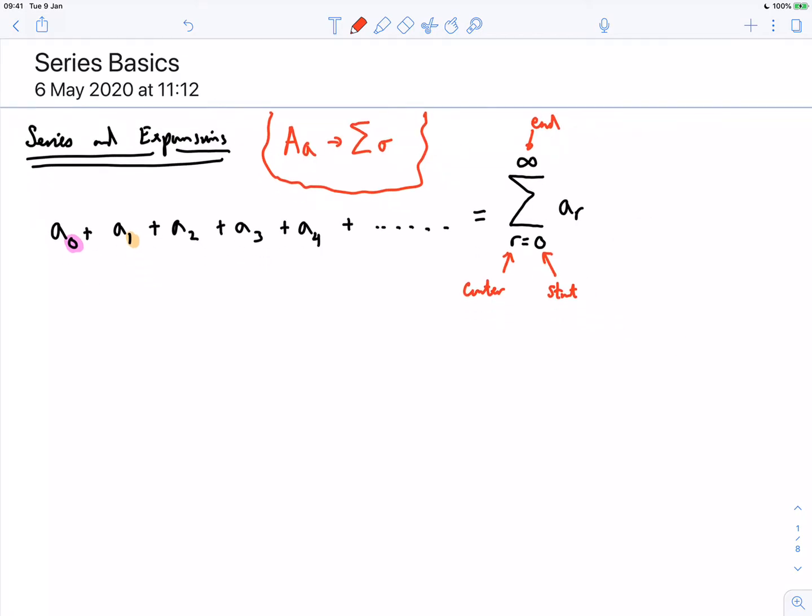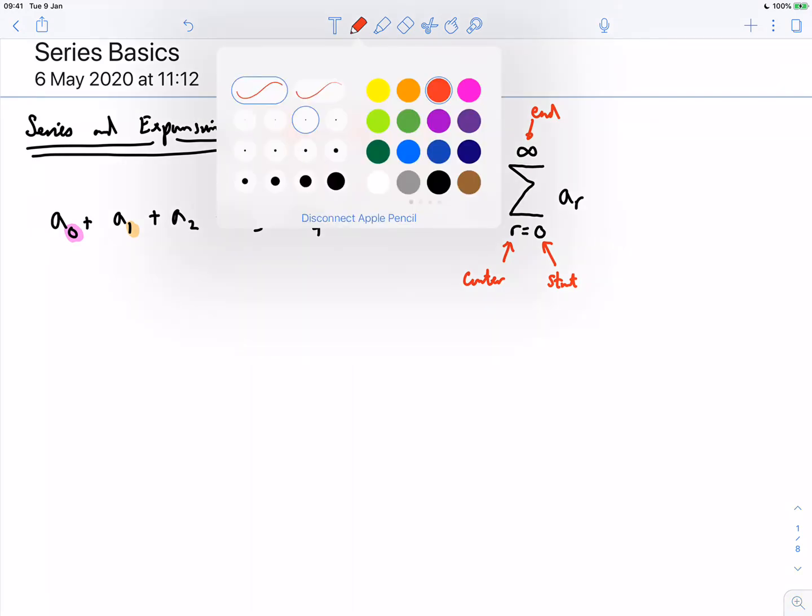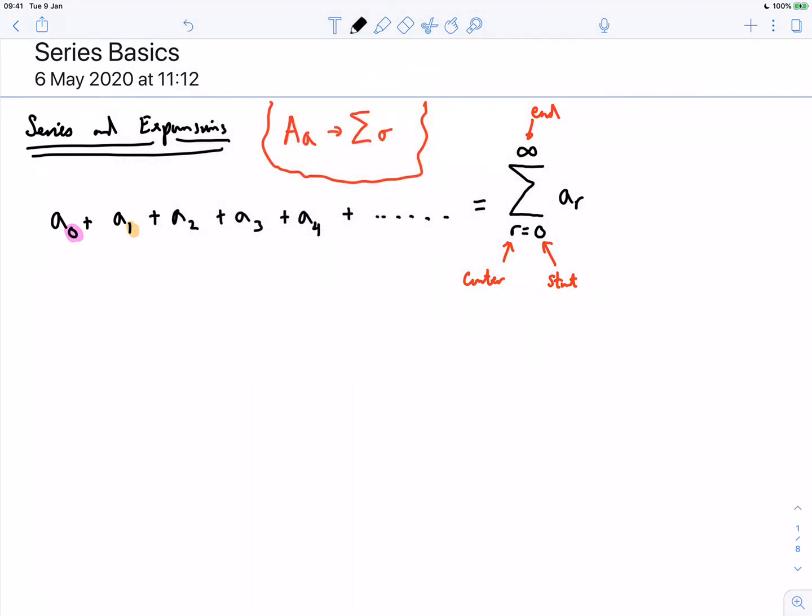By the way, just as a side note, it doesn't have to be a series like this. It could be a product. For example, if I had A0 times A1 times A2 times A3 and so on, then this would be P. It'd be pi, where R goes from 0 to infinity of AR.